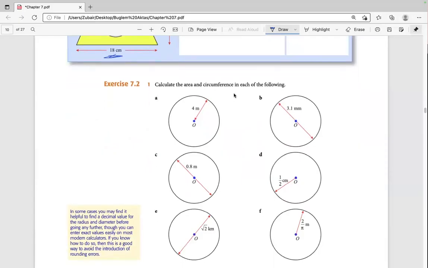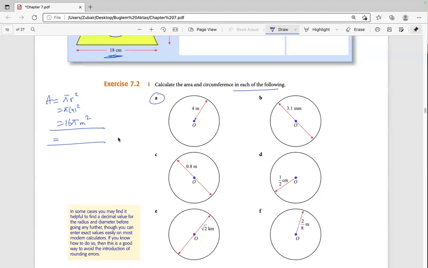Okay, calculate the area and circumference in each of the following. Now, if I just look at the first question, 4 meters is the radius and we are calculating the area, pi r squared. The radius is 4. That gives me 16 pi. Now it will depend on the statement of the question. What is the question requiring from us? If it says leave your answer in terms of pi, this is my answer. I will write 16 pi meter square.